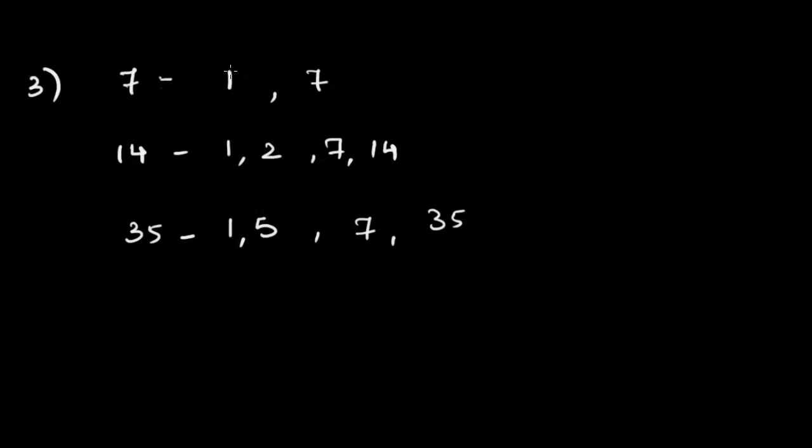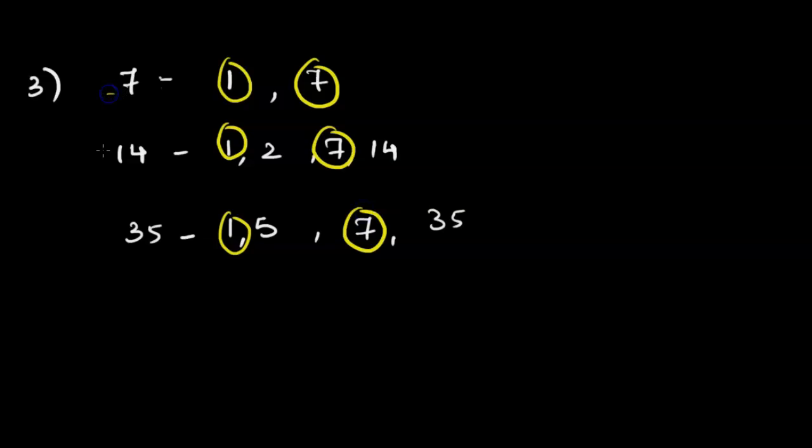Then we circle the common factors. Common factors are 1, and any other common factor is 7. We need to make sure that it is common in all three numbers. If it's common in only two of the numbers, it's still not the greatest common factor, because the question has three numbers.